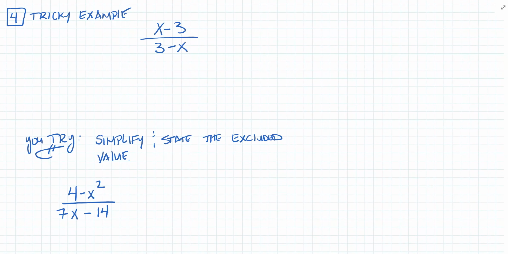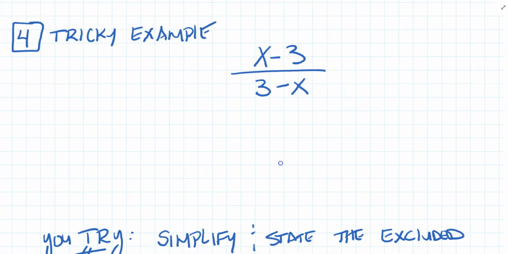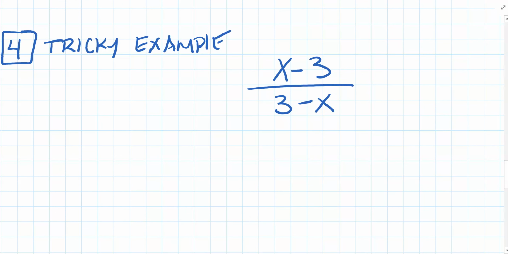Box number 4 is a tricky example, and I want to bring this to your attention. If I'm trying to simplify x minus 3 divided by a 3 minus x, okay? If I want to try and simplify this, many students want to just cancel this out because it looks like it's close. But in fact, you can as long as you do one thing first.